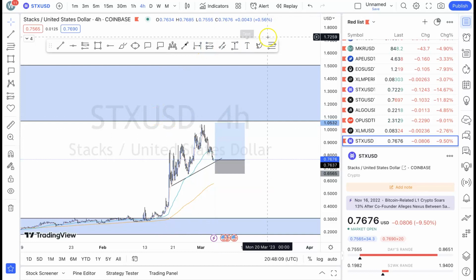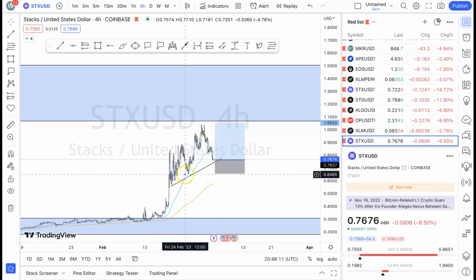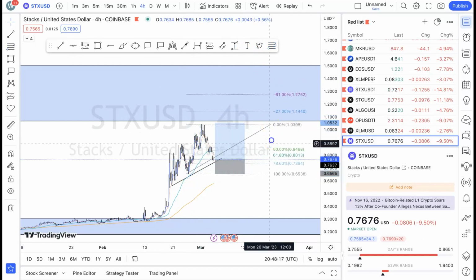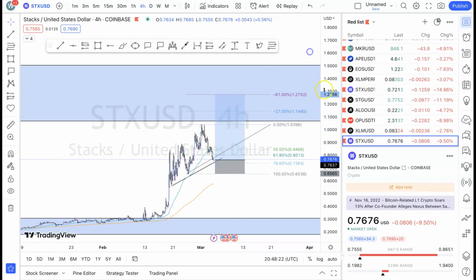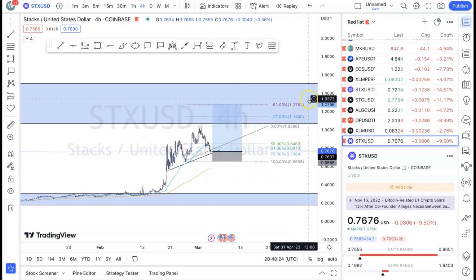Let me do something here. So this is the level we're anticipating. So perfect. So there's a huge possibility that we're about to retest $1 here on Stacks.